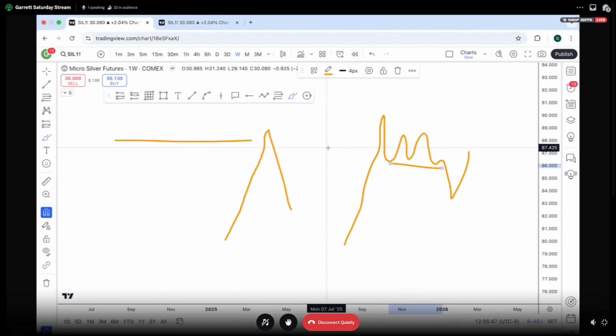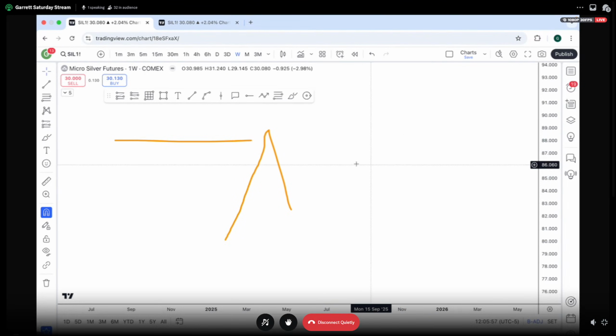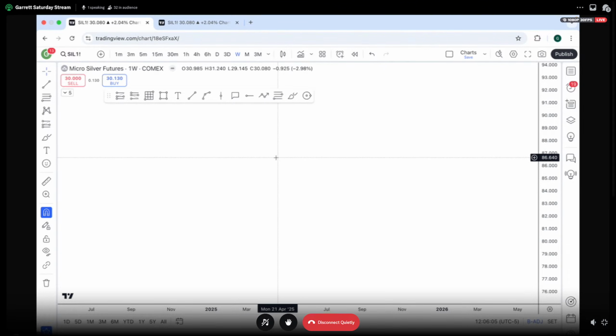Just like consolidation, by the way, I forgot to mention, if we expand and retrace, we must expand again, right? So that's why they're continuation signatures. We don't reverse from a retracement. You don't reverse from a consolidation. But this is essentially expansion met with expansion. This is the reversal signature. We like to pair this with SMT and a CSD to confirm this.